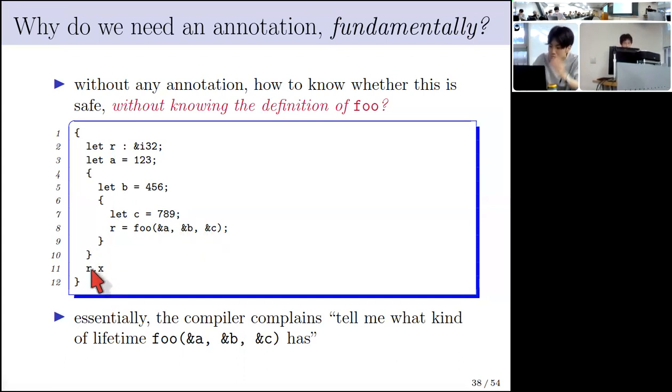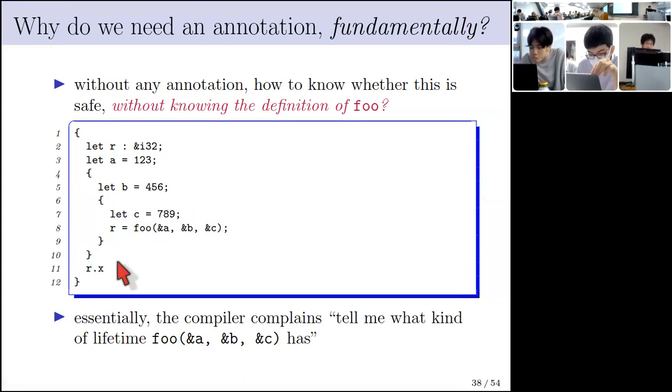You are trying to obtain this 7, 8, 9 after c's lifetime is over, right? So this r.x is safe only when foo returns this one, right? This is something you want to indicate. You want to indicate it by lifetime parameters of this foo function.